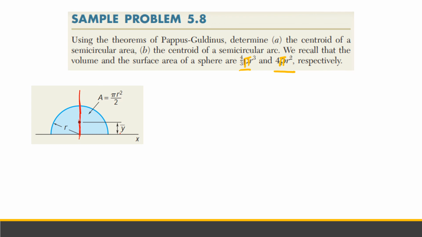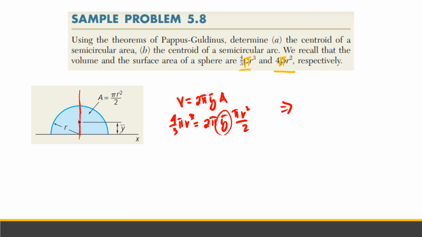Okay, so yung formula natin, the volume is equal to 2 pi y bar times the area. So we have the volume, which is 4/3 pi r cubed, equal to 2 pi times y bar times the area, pi r squared over 2. So yung unknown na lang natin is yung y bar.